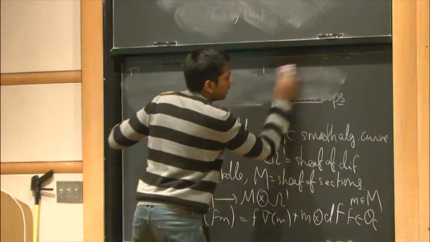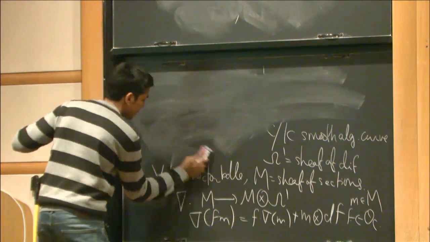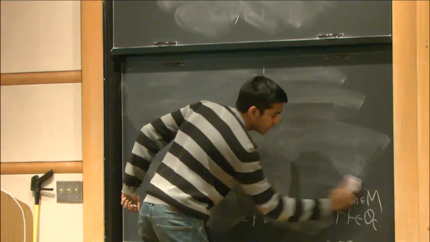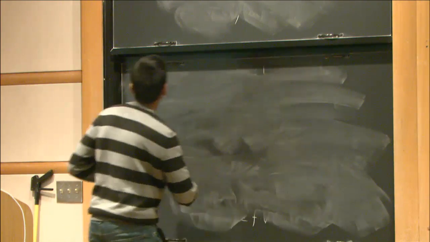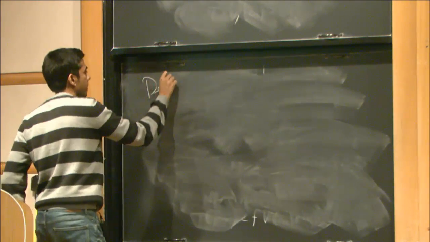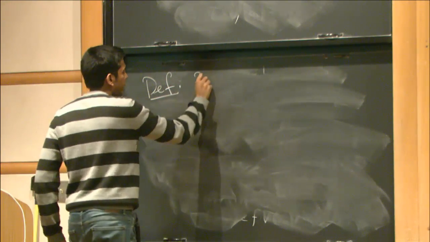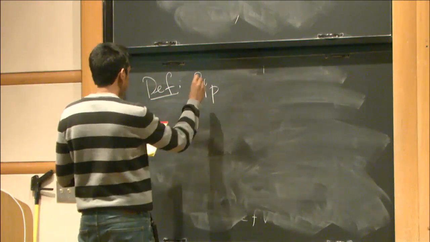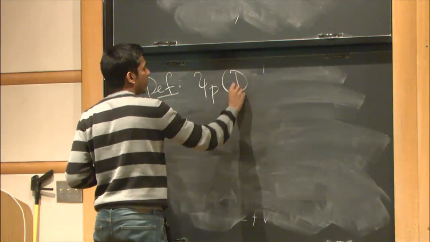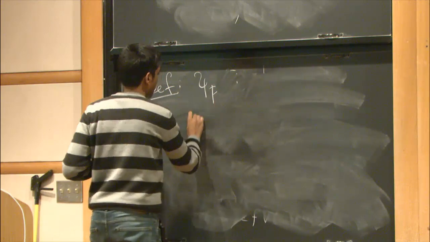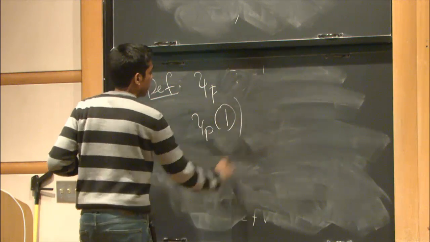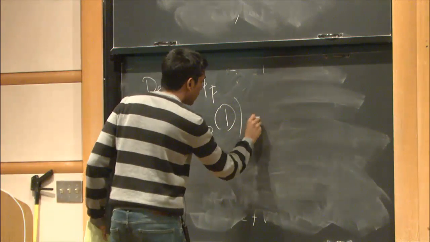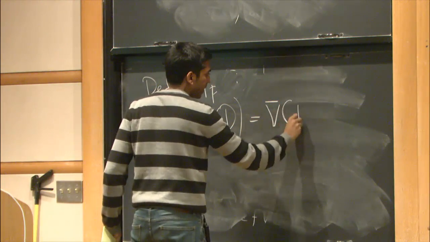In order to do that, let me define what's known as the p-curvature of the vector bundle with connection. So the p-curvature, psi p, is going to take a derivation d, and it's going to spit out the following object.